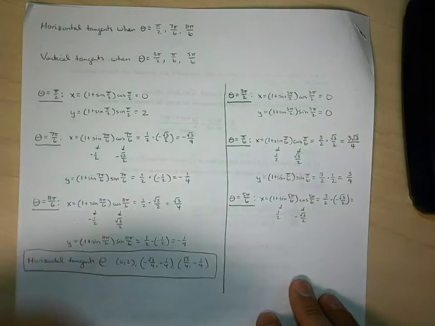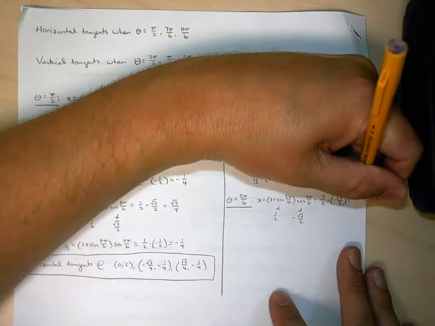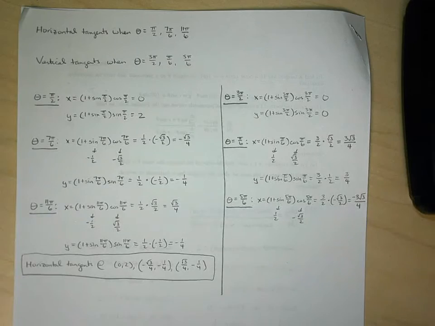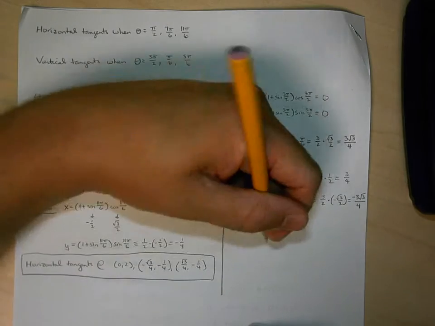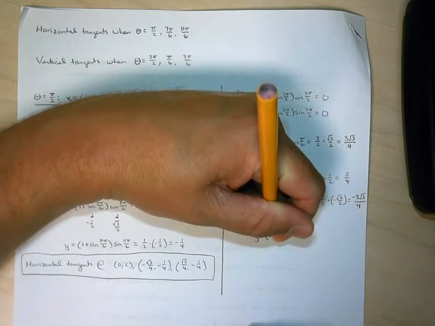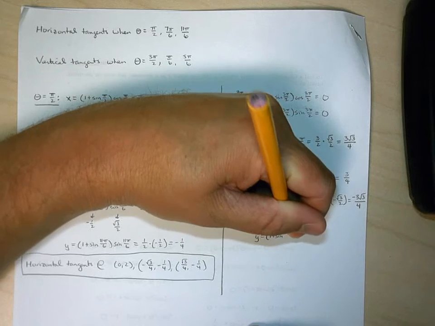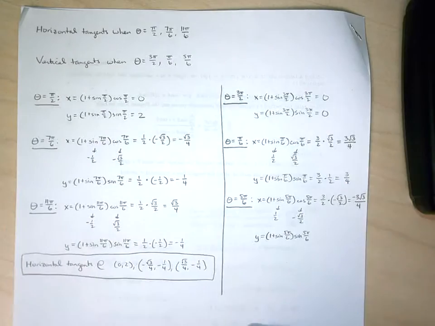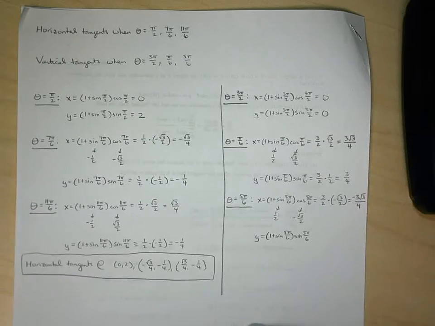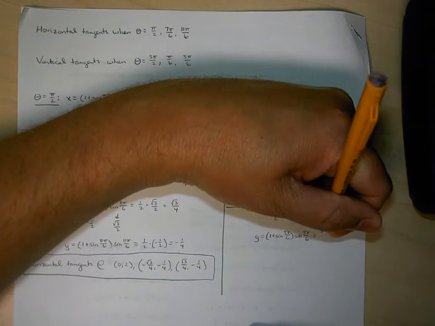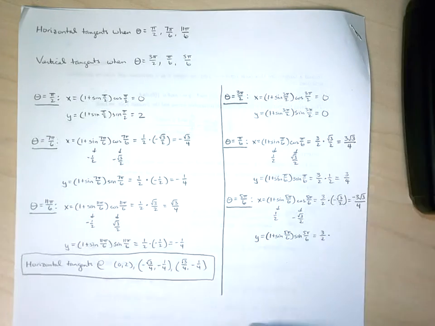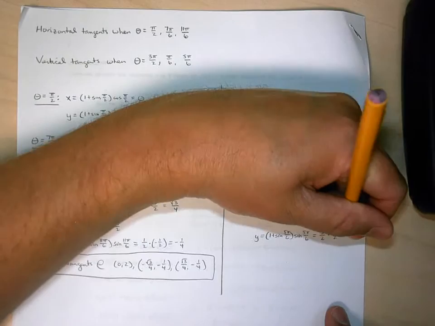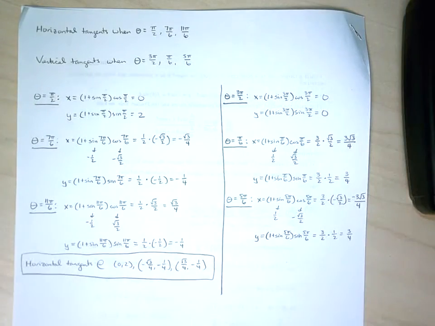And so I'm looking at negative 3 root 3 over 4 as my x coordinate. For y, 1 plus sine of 5 pi over 6 times sine of 5 pi over 6. Again, we know that 1 plus sine of 5 pi over 6 is 3/2, and we know that the sine of 5 pi over 6 is 1/2. So I'm looking at 3/4 as my y coordinate.